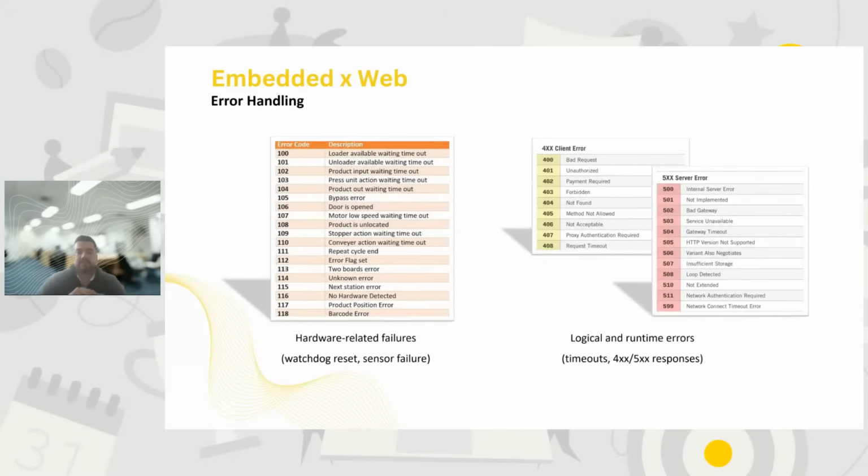Another thing that is very useful and common between web and embedded is the error handling. This is a critical point in all systems because error handling helps us understand quickly why our system is failing. We have some predefined error handling codes in web.